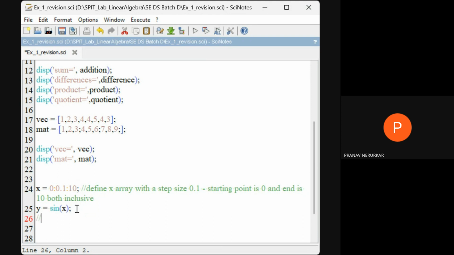In general, any function you can apply on x. If x is an array, then you will get the result also in the form of an array.